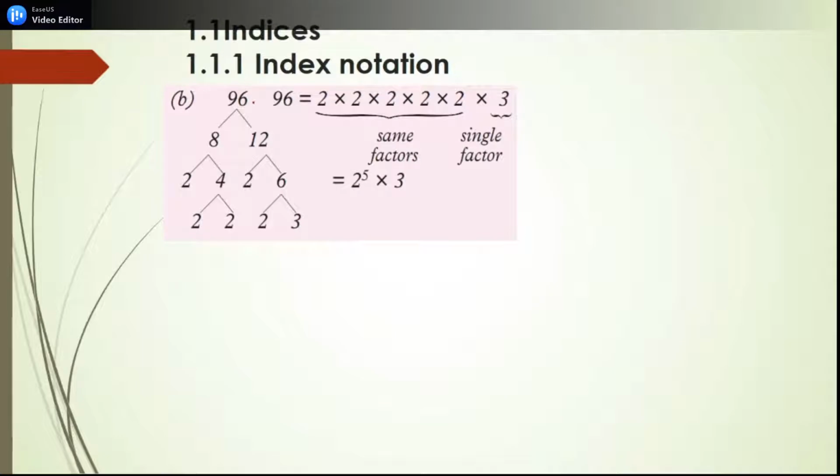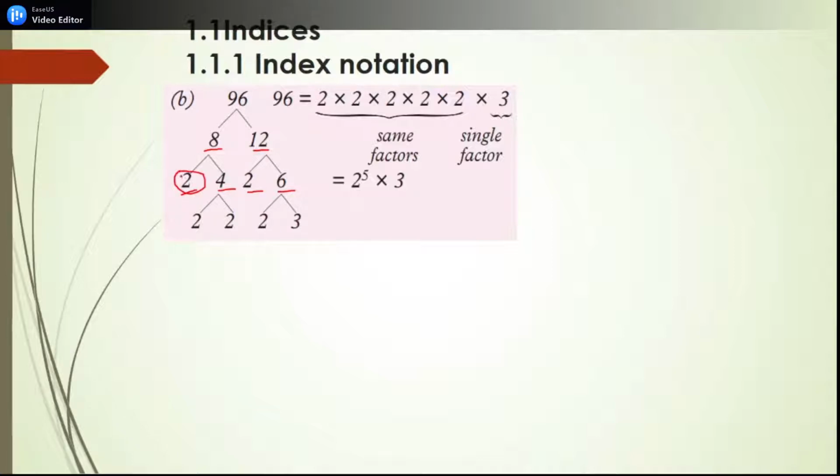And 96 is like writing 8 times 12. 8 is equal to 2 times 4 and 12 is equal to 2 times 6, which gives 2 times 2 times 2 times 3. And here you have another 2.